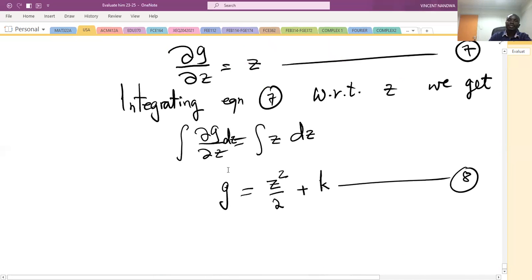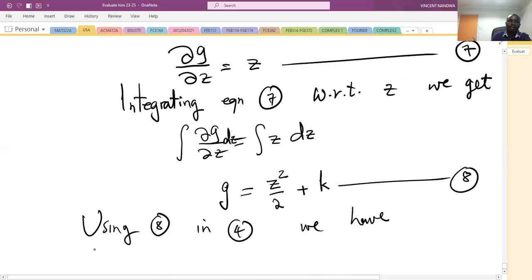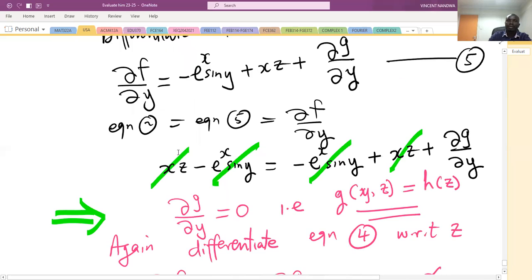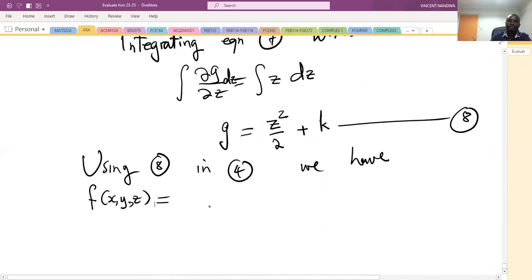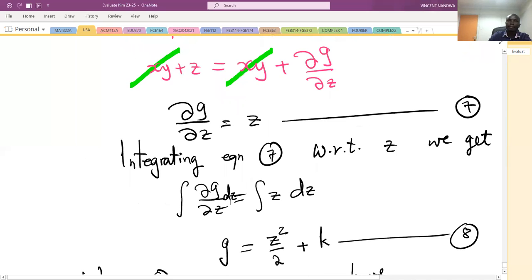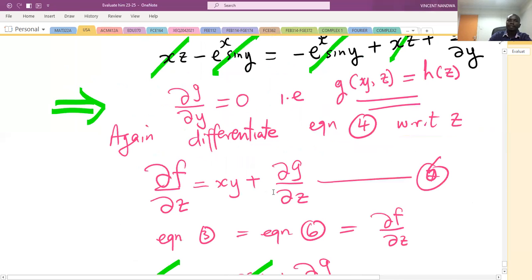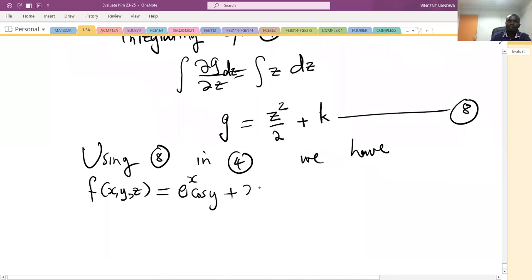So therefore, using 8 in 4, we have the potential f of x, y, z equals e raised to power x cosine of y plus xyz, and then plus g, which is z squared over 2, and then plus a constant k.